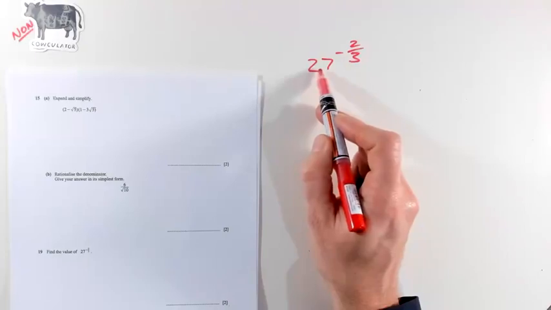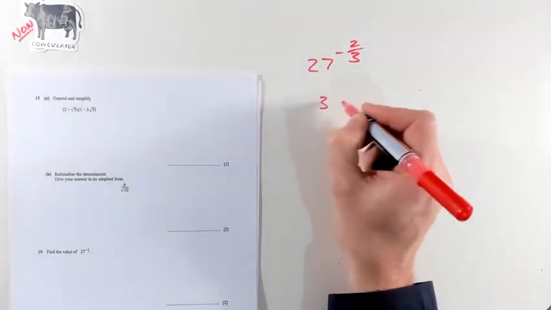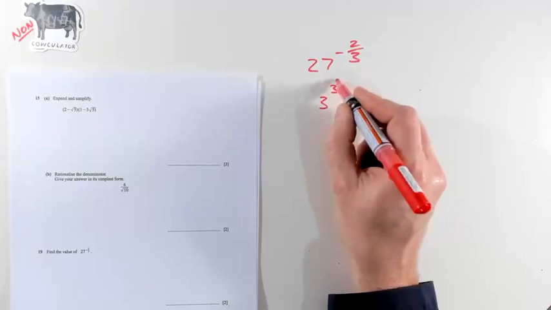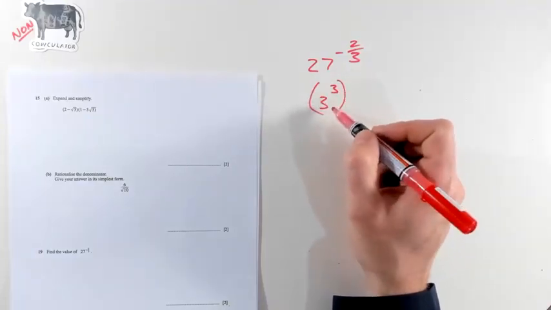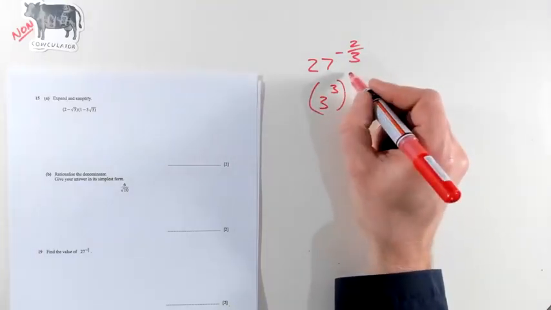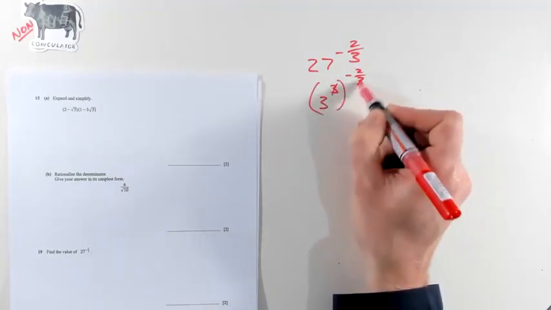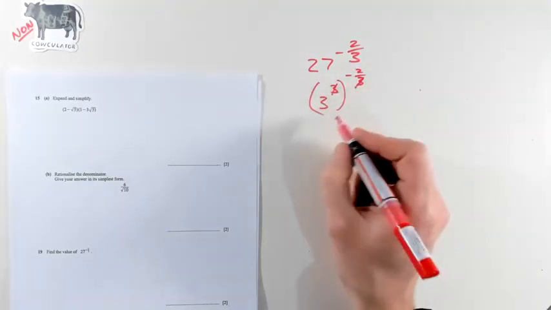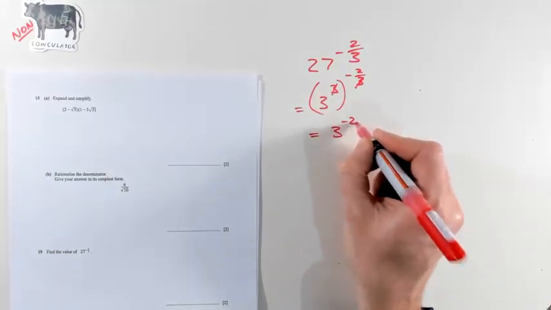Now that 3 is kind of a giveaway. This 27 is a cubic number, so it's 3 to the power of 3. Just writing 27 as 3 to the power of 3. 3 times 3 is 9, times 3 is 27. And then we have this 2 over 3. So this 3 and that 3 will actually cancel out when we multiply. So we're left with 3 to the power of negative 2.